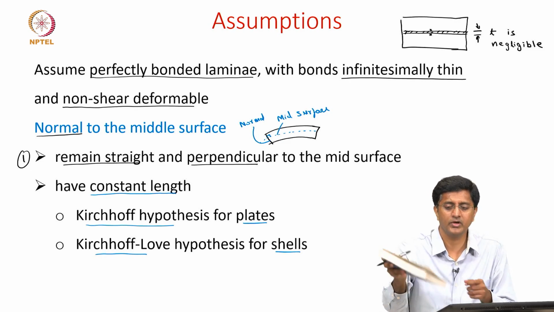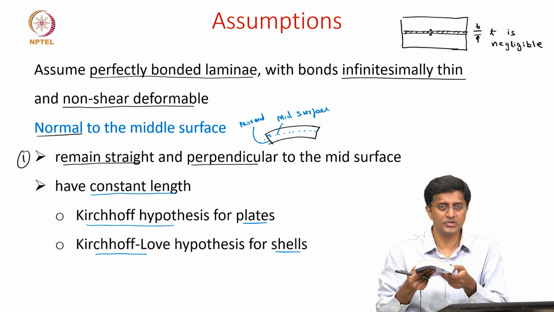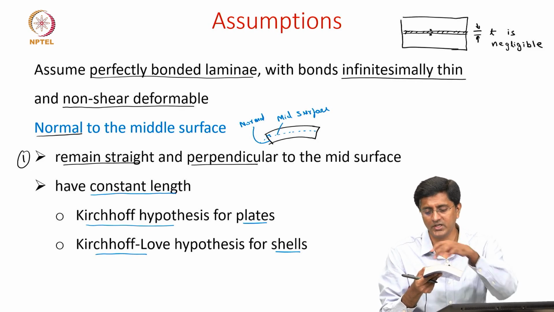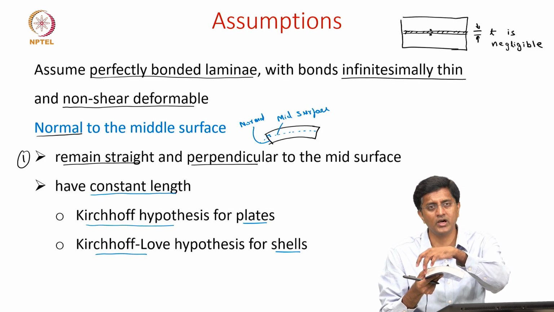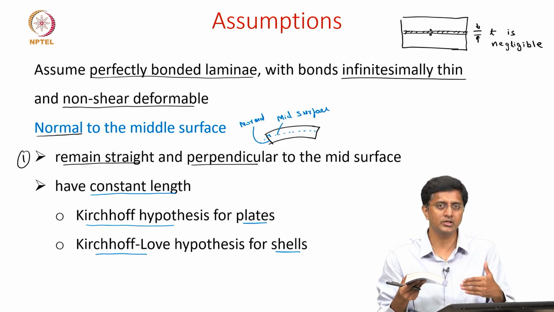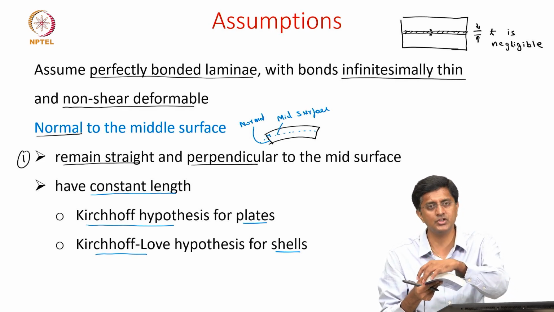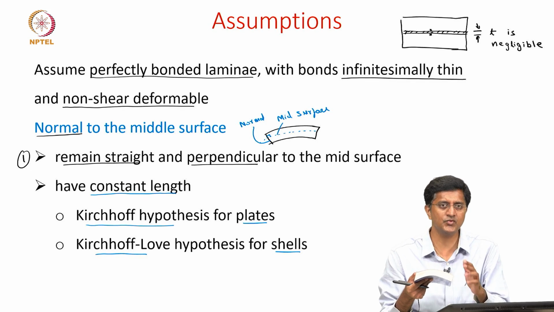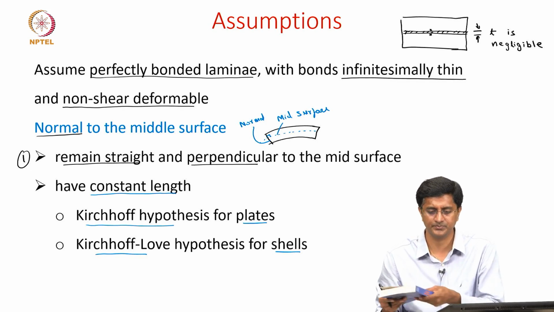Again, to repeat, this is the assumption in the hypothesis we have here, where there is no shear deformation on this edge, whereas on the other edge we have a shear deformation, and this is not a part of the classical laminate theory. Actually, there is an advanced theory next to the classical laminate theory, where we assume this shear deformation. But for now, we are focusing on this edge where there is no shear deformation.